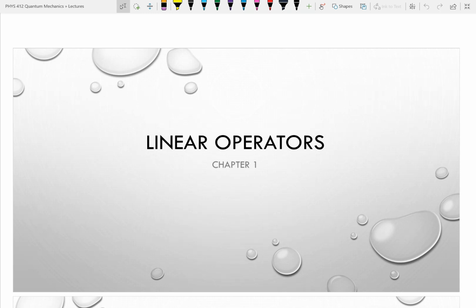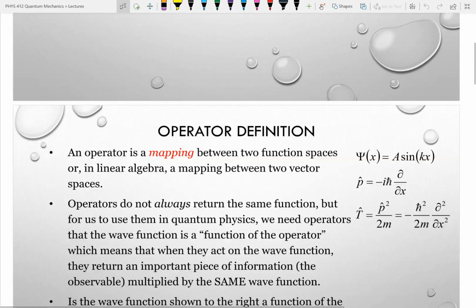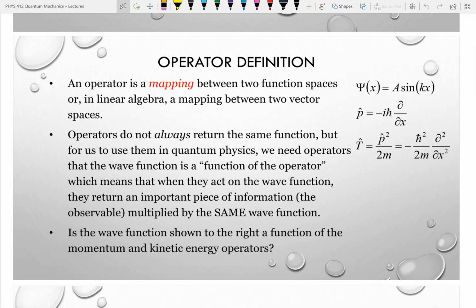So starting off, what an operator is. You guys are both in linear algebra, probably a little ahead of linear algebra on this topic. I talked about it some last class period already. The operator is a mapping between two function spaces, or in linear algebra terms, a mapping between two vector spaces.